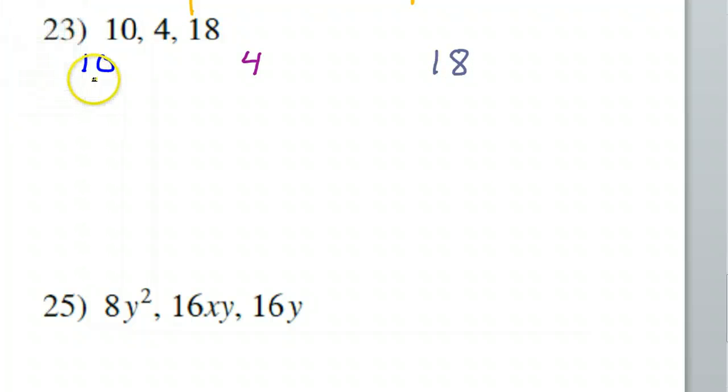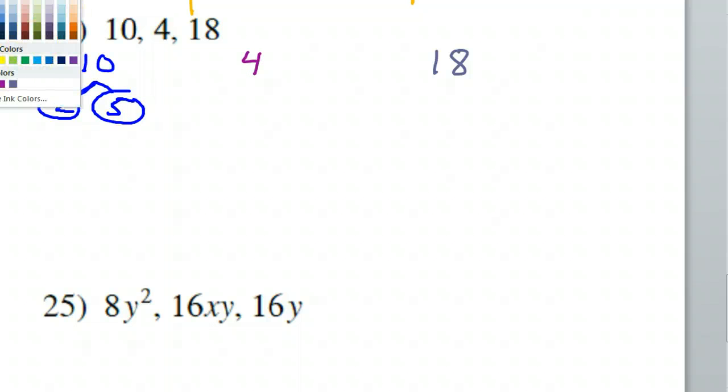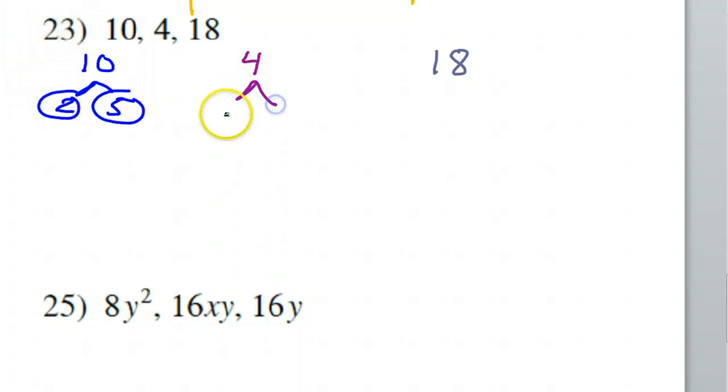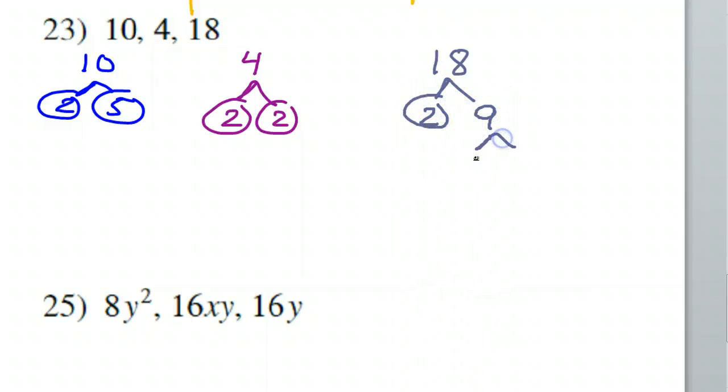Again, the prime factorization for 10 is just 2 times 5. For the 4, it's 2 times 2. And for the 18, it's 2 times 9, which is 3 times 3.